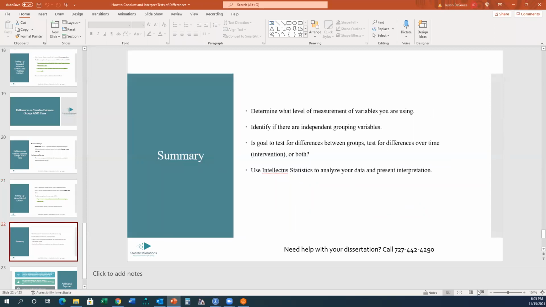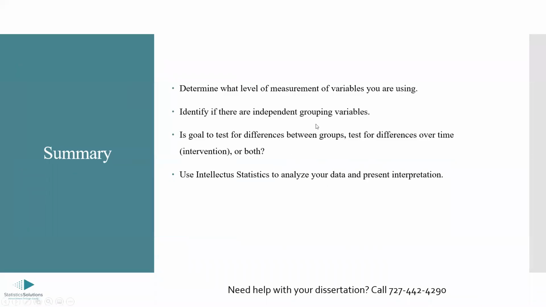Okay, so in summary, first you need to pinpoint that you're using a quasi-experimental or true experimental design in which testing for differences is really what you want to look for. So you're not running correlations or regressions, you're looking at differences. So you most likely need to run a t-test or an ANOVA. Then you want to identify if you have independent grouping variables.